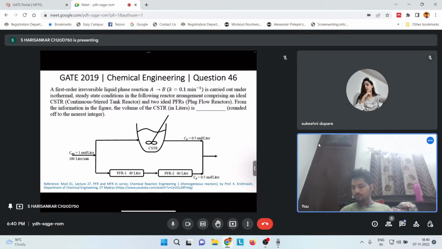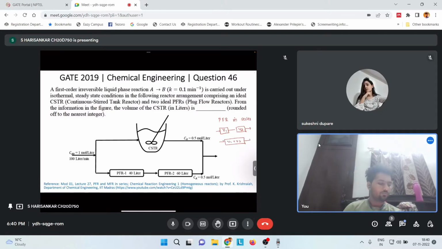Now here there are a few concepts that we need to apply. In the figure we can see that one of the streams is a series of PFRs, and the concept is that for PFRs in series, let's say there is a PFR V1 connected to a PFR in series with volume V2, then we can consider this as a single PFR of volume V1 plus V2.